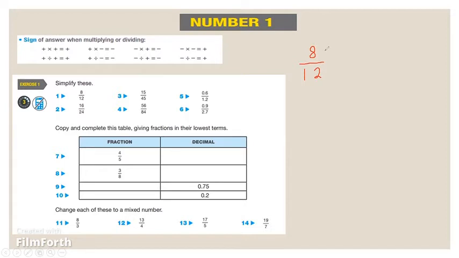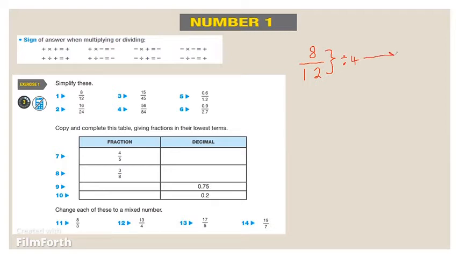I have to consider a common number which is divisible by both, so I'm taking 4. That means I can divide 8 by 4 exactly, as well as 12 by 4 exactly.